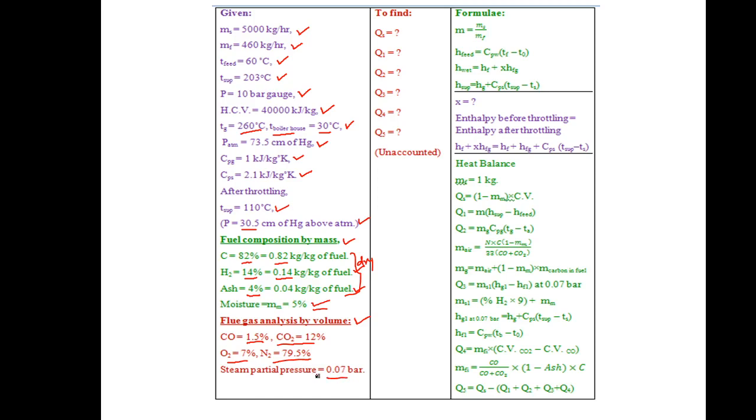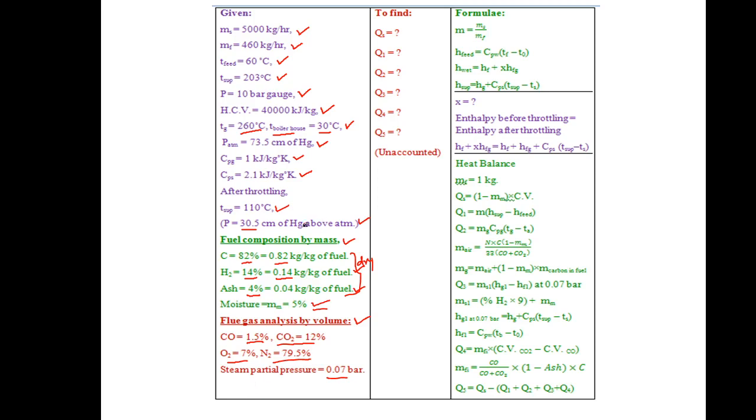The steam is present in the flue gases because of conversion of hydrogen into water as well as evaporation of moisture present in the fuel. So two sources are there to add the vapor in the flue gases: one is combustion of hydrogen and another is the evaporation of moisture present.